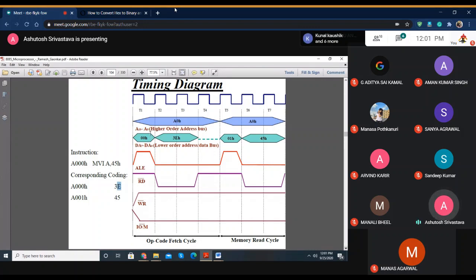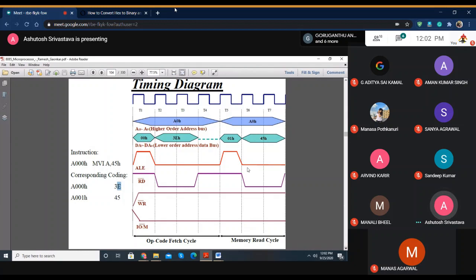It will have the lower order address in the T1 cycle, while it can sustain up to the T3 cycle for your higher order address, and for the complete opcode to be fetched, its lifetime would be up to T4.